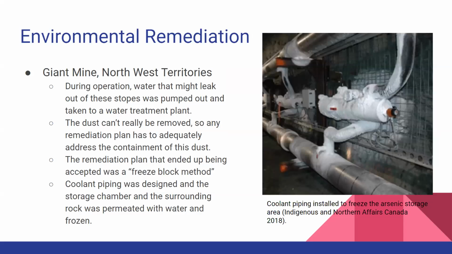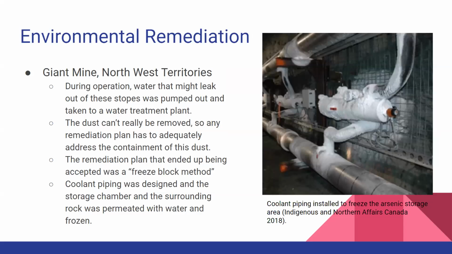In order to remediate this mine, the plan that was decided on is called the freeze block method. Essentially, what the Canadians decided to do is to utilize ice rink style technology to build coolant pipes all around the outside of this storage chamber.